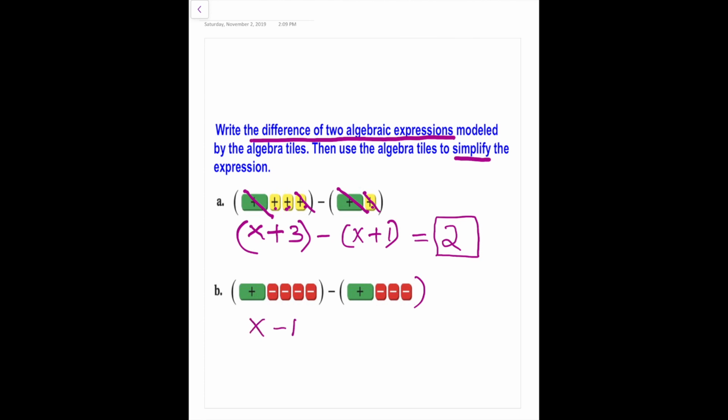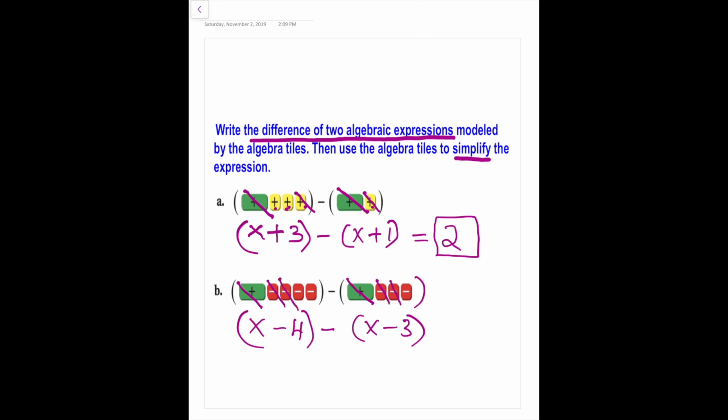Look at the next expression. The first expression is x minus 4 subtract x minus 3. So you are taking away x minus x. You are taking away x from x, so there are no variables left. And we have 4 negatives and you are taking away 3 negatives.